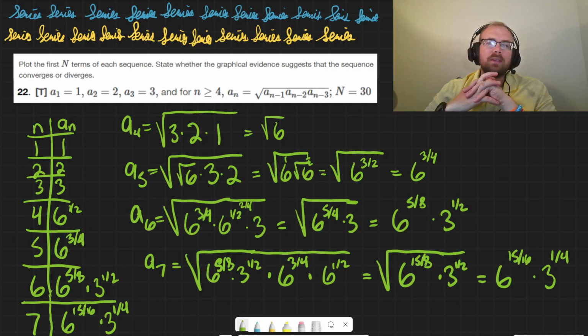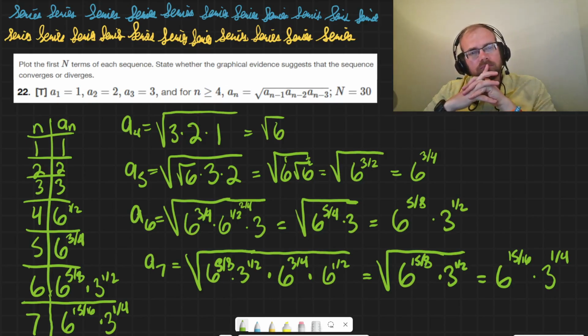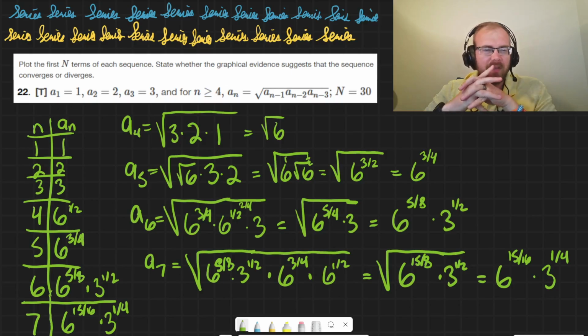So something that's a little bit more than 3. And then you'd have the 2 to the 15/16, which is about 2 to the first power, which would be about 2. So 2 times 3 to a little bit larger power.